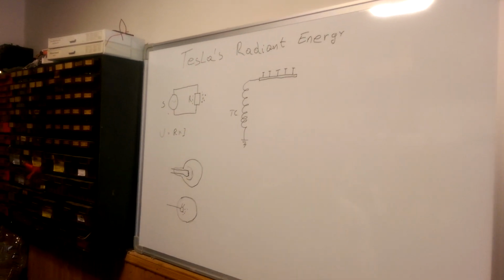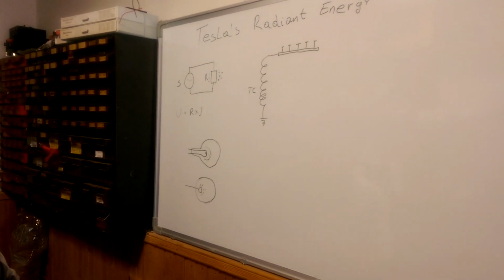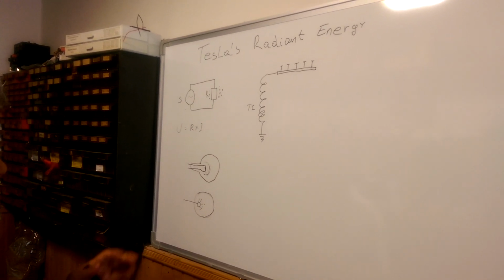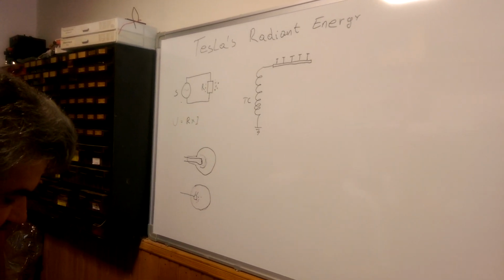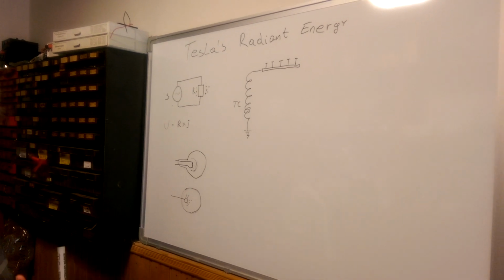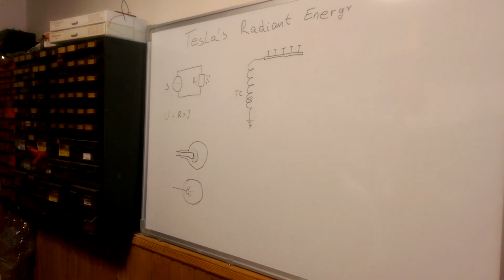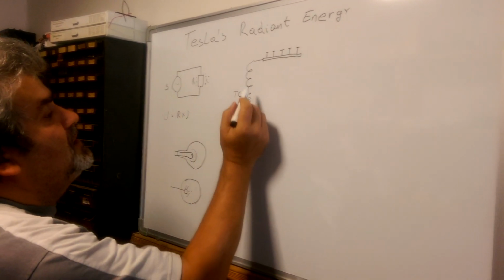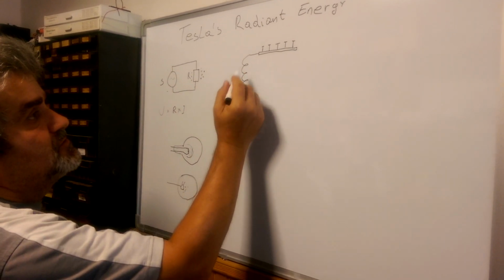It was interesting for me, and Tesla also said that the discharge from his Tesla coil is actually of DC nature. I made some tests a long time ago where I used the secondary coil of a Tesla coil.